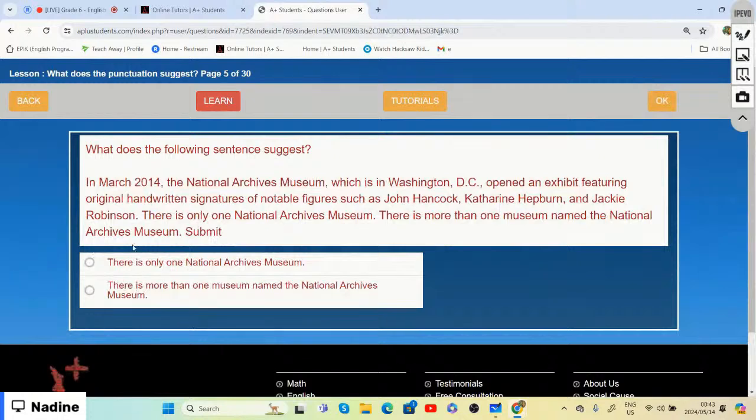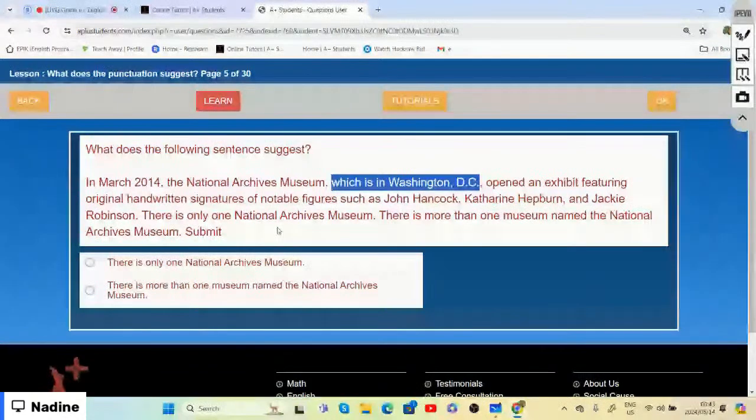Then in March 2014, the National Archives Museum, which is in Washington, D.C., opened an exhibit featuring original handwritten signatures of notable figures such as John Hancock, Katharine Hepburn, and Jackie Robinson. There's only one National Archives Museum. There is more.